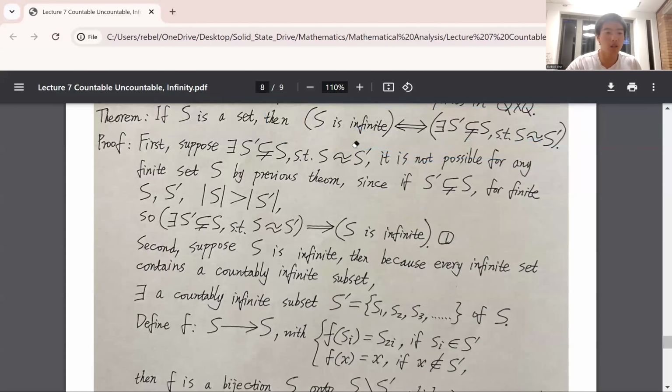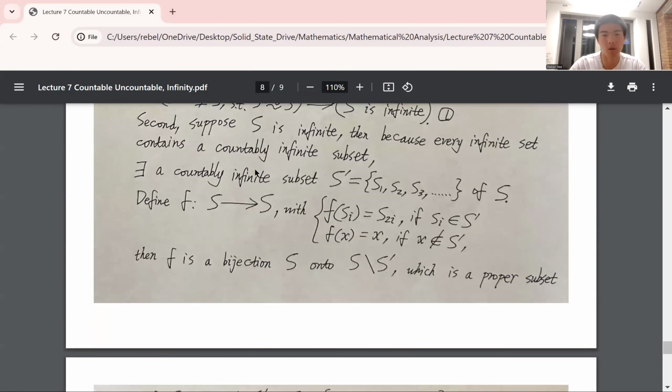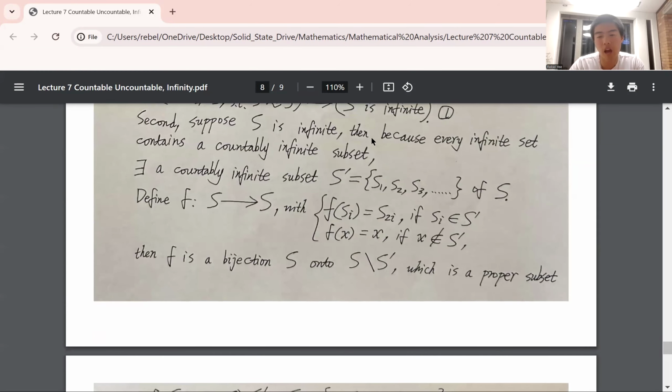The most interesting thing is to consider the other direction. First assume S is infinite, and then prove there exists a proper subset of S with the same cardinality. So how can we say that? Suppose S is infinite. Because every infinite set contains a countably infinite set, there must exist one countably infinite subset, call it S*.